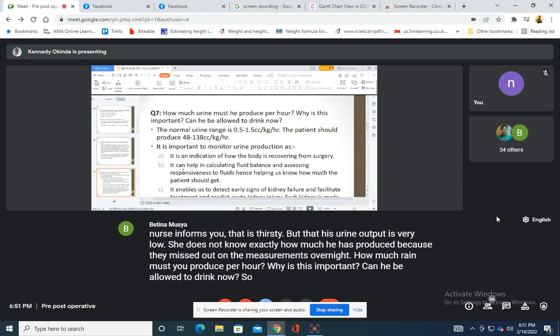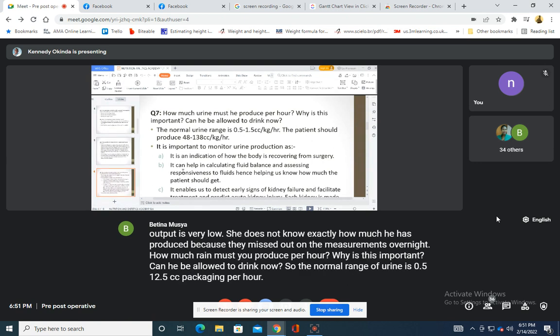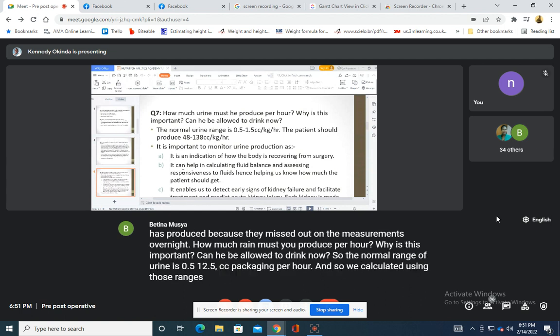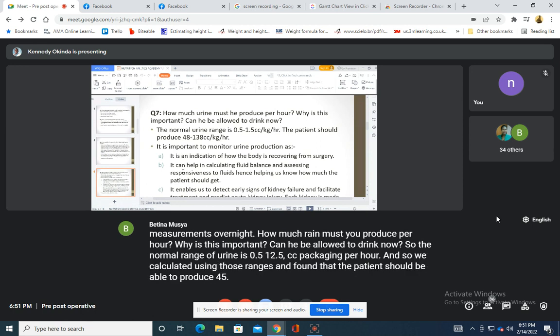The normal range of urine is 0.5 to 1.5 cc per kg per hour. We calculated using those ranges and found that the patient should be able to produce 48 to 138 cc per hour.